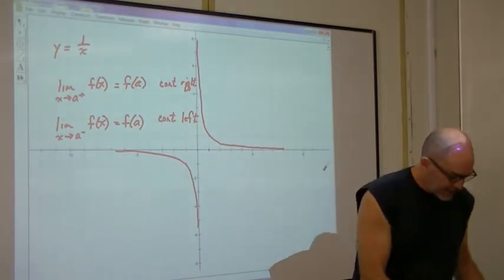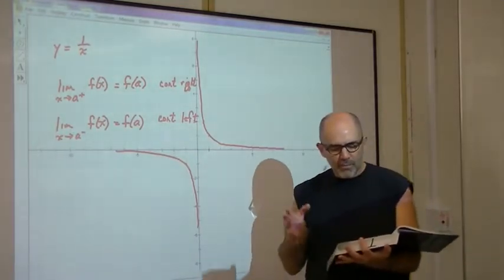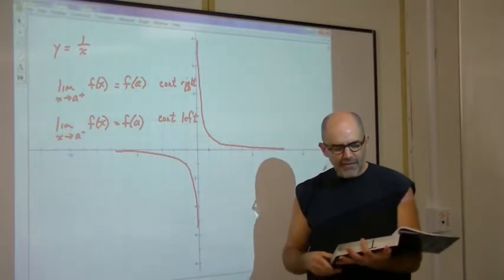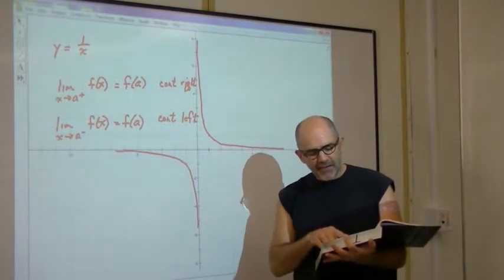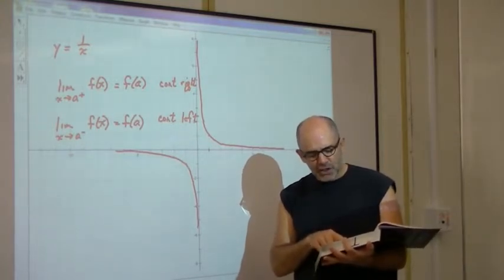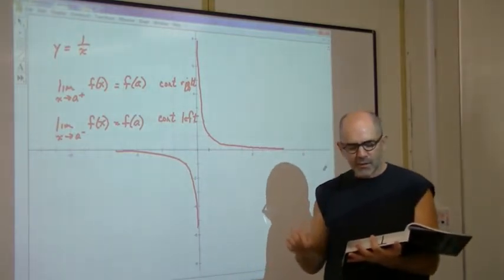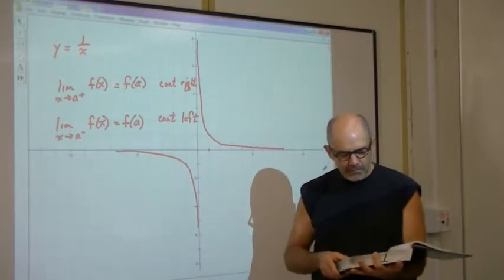If I subtract f and g, I've got continuity everywhere. If I multiply f by some constant, then I have continuity everywhere. If I multiply f and g, I have continuity everywhere. And if I divide f by g, I've got continuity as long as g doesn't equal 0 at the given point we're interested in, a.